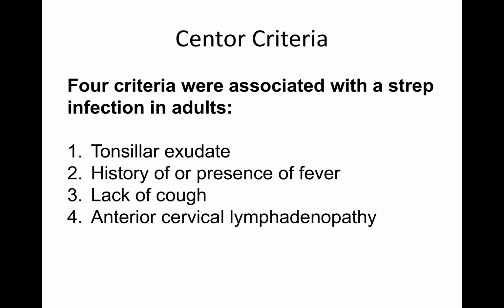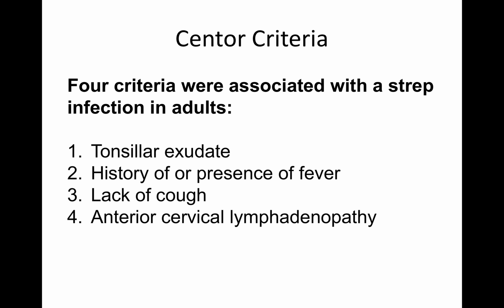The key thing about Centor criteria is that it doesn't really help you rule in the infection. So if you have 3 or 4 positive, it doesn't help you say, yes, it is strep, okay? But you may decide to go ahead and treat empirically, or you may decide to get a rapid strep test.